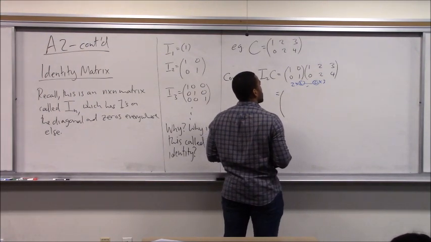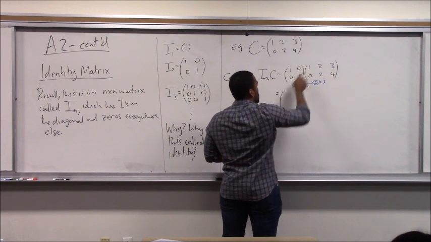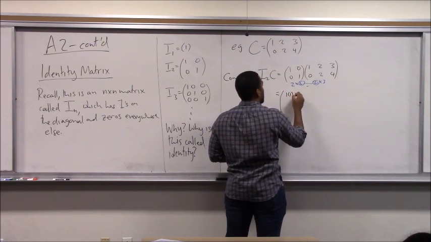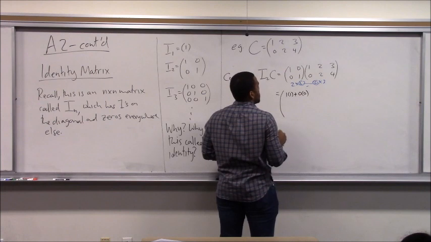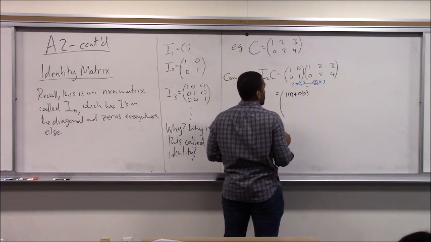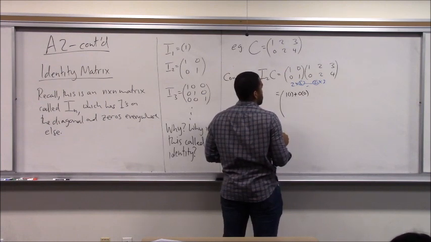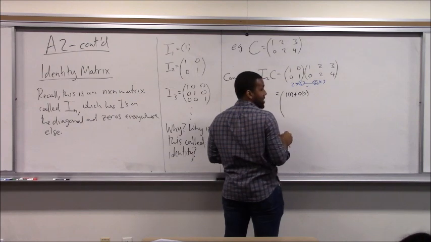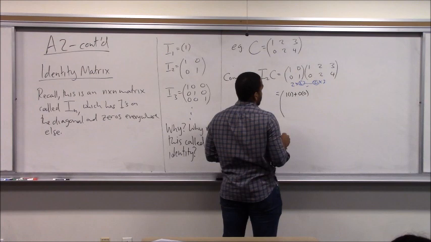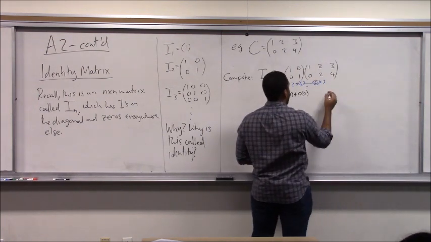First row, first column. First row here times the first column, so it's 1 times 1 plus 0 times 0. Then you go to the first row, second column.